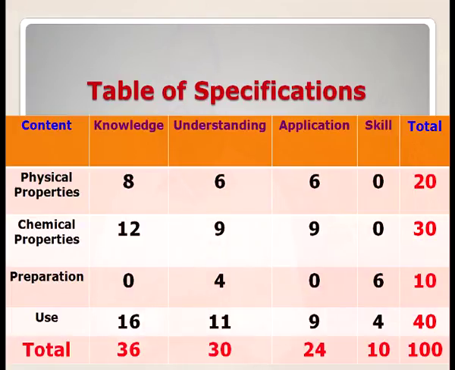Now you can see on the screen the preparation of carbon dioxide in the laboratory. This is not related to knowledge; it deals with the skill part. So 6 questions have been kept for the preparation part, dealing with skill objectives, because we wish to assess the skills of the students in preparing carbon dioxide in the laboratory.